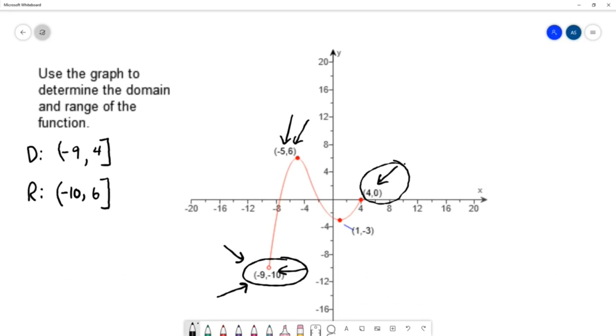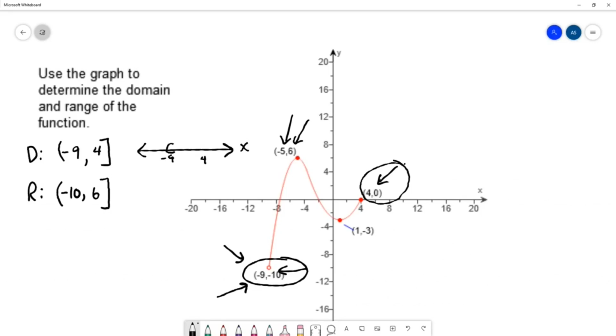Just before we wrap this question up, I want to make sure you understand what this interval notation actually means. With the interval from -9 to 4, these are x values, and we're going to mark -9 on your number line and mark 4 on your number line.